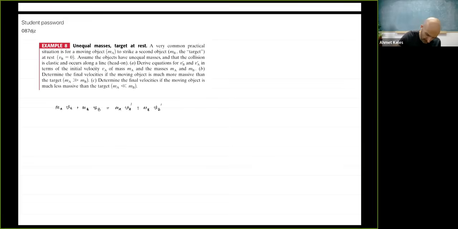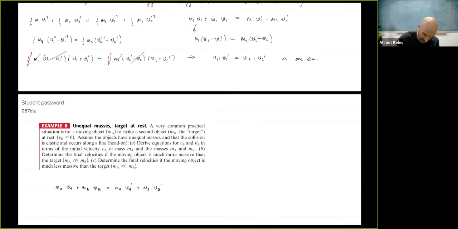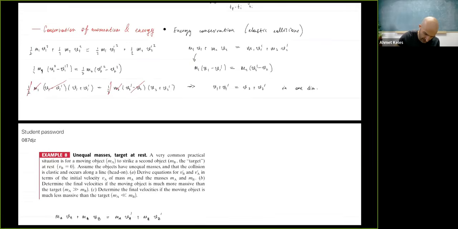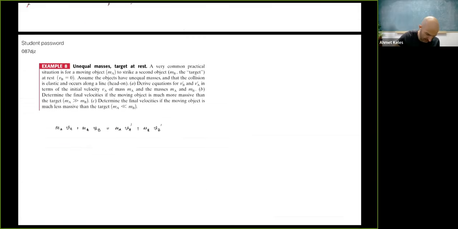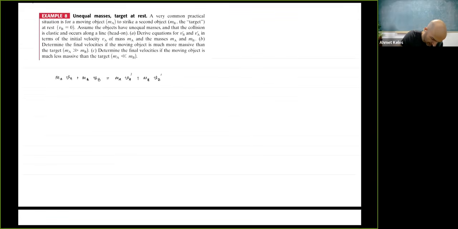And from the kinetic energy conservation, what we found is this, so we don't have to write the quadratic equation. We can just write VA plus VA prime should be equal to VB plus VB prime. And we want to write VA prime and VB prime in terms of VA and VB, right?